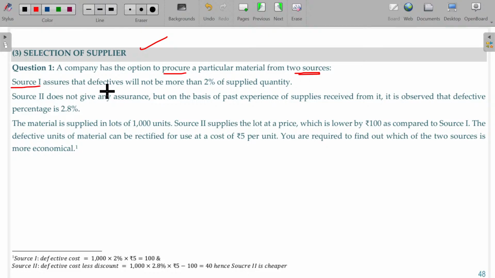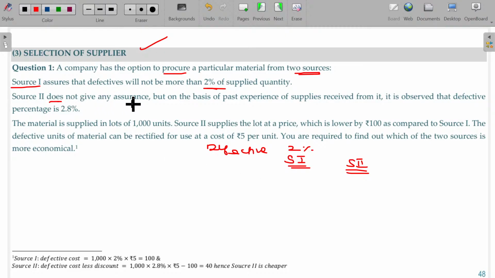Source 1 assures that defectives will not be more than 2% of the supplied quantity. Source 1, source 2. Defective percentage 2%. And also he assures that it will not go beyond this.